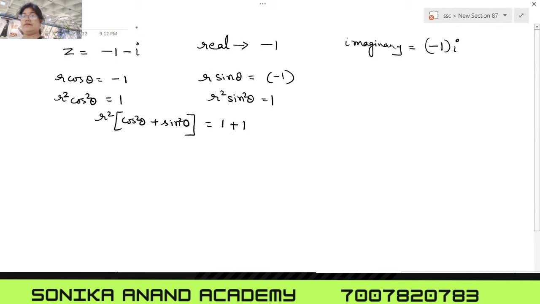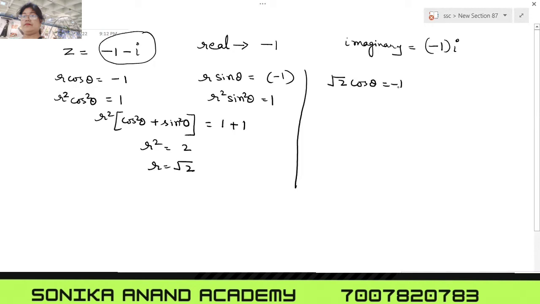This pattern becomes clear to you or not? Clear, ma'am. Now theta. Now you tell me in which quadrant it lies. Minus 1 by root 2 cos theta.